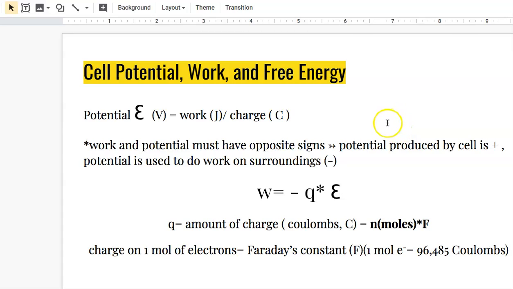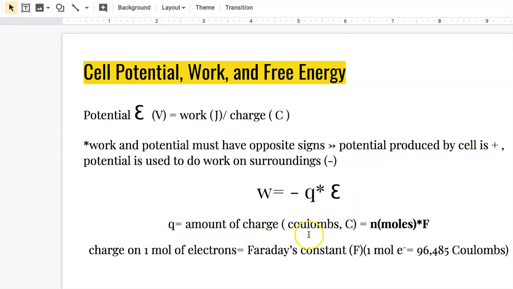Now our last thing, let's tie all of these pieces together. Electrical potential measured in volts is work measured in joules that we've talked about before divided by charge in coulombs. This means that work is, now the negative is just because of the direction here, charge times potential.